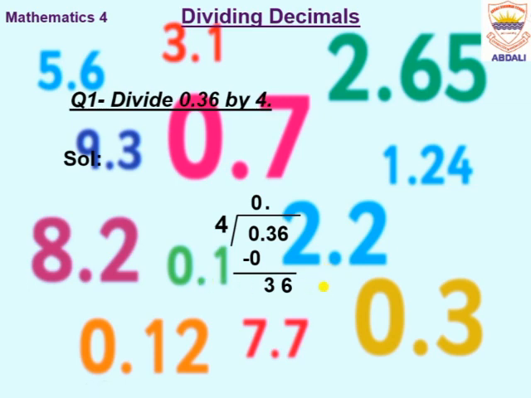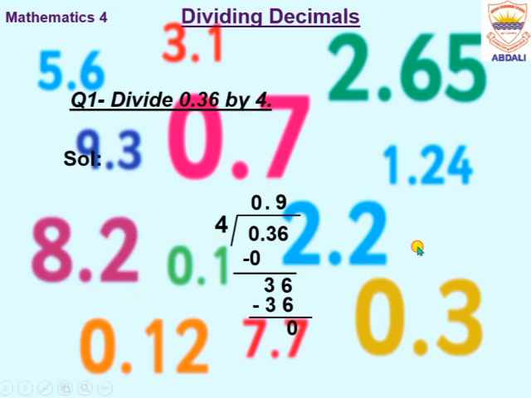Very good, 4 nines is 36. So 36 minus 36 will give us 0. Our division is complete, and here is just one point that you need to keep in your mind.